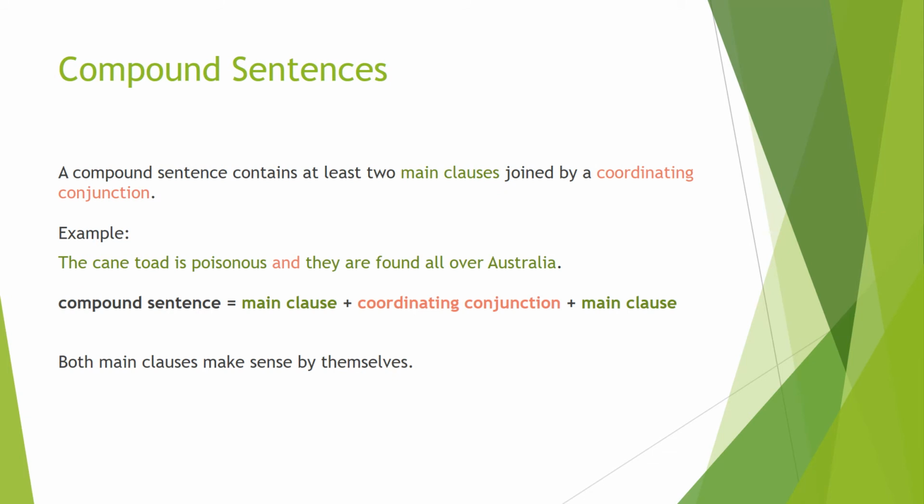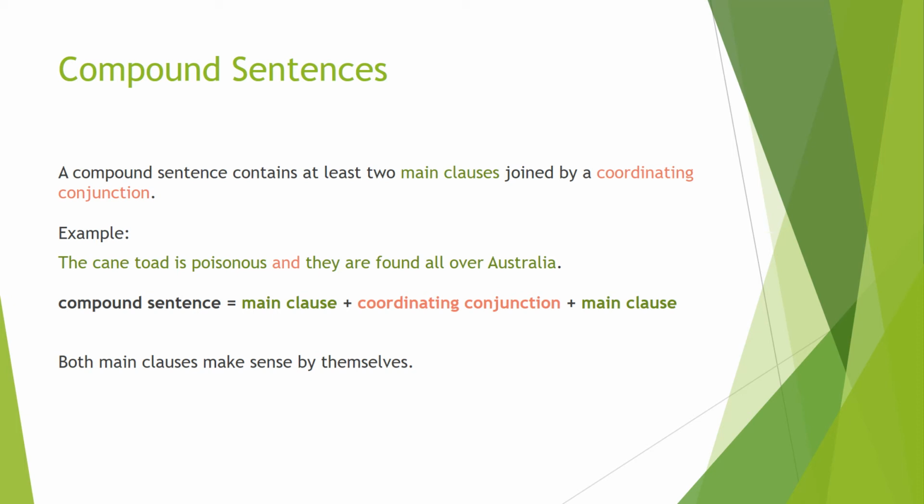Next one is compound sentences. So a compound sentence contains at least two main clauses joined by a coordinating conjunction. So let's have a look at this. Our example: the cane toad is poisonous and they are found all over Australia. We can tell this is a compound sentence because it has a main clause, then it's joined by a coordinating conjunction, and then it's ended off with another main clause.